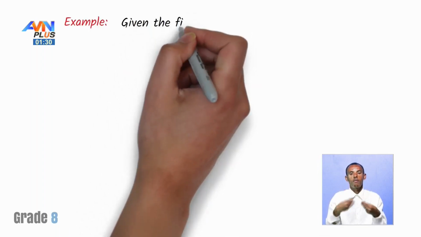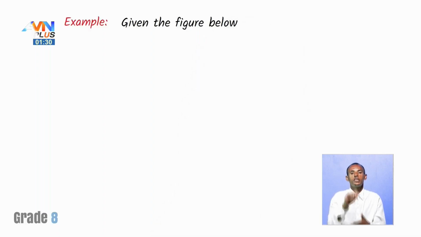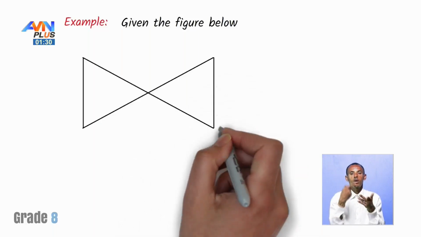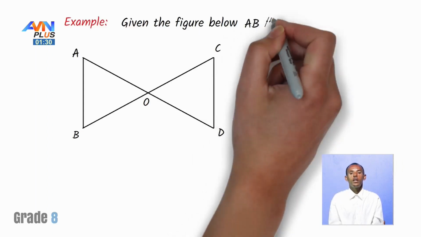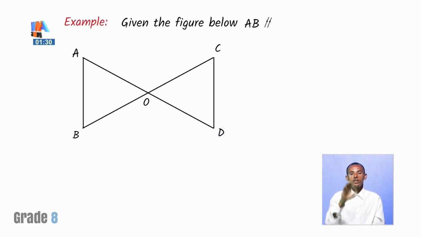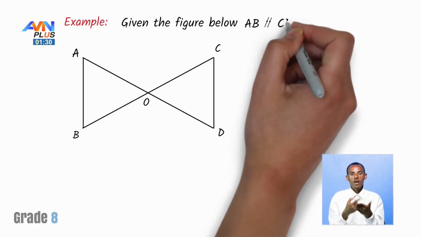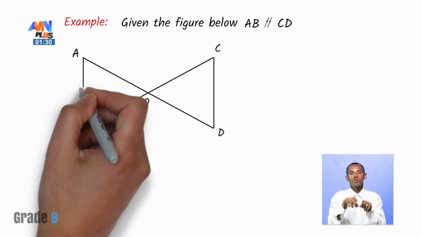Given the figure below, okay, here we have a certain figure with characteristics of, say, like this, and let us denote this AB, CD, and this point is O. Here in this figure, assume AB is parallel to CD.